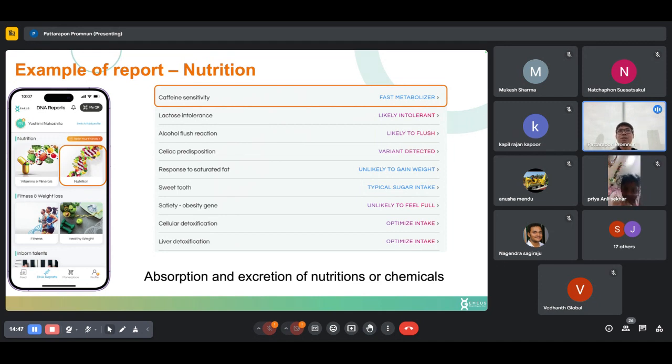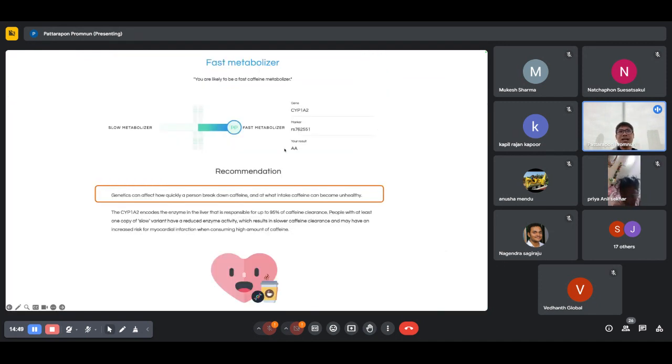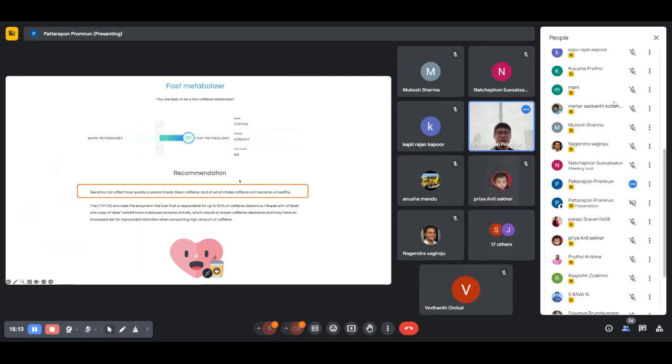So in order to get the perfect caffeine effect, I have to drink more coffee than other people. And like the previous report, we have the genes that we test, the position and the genotype, the result of your DNA, which is AA, and the details and recommendations. Actually, there are so many details that I can show in this slide. I will show you in the real application.